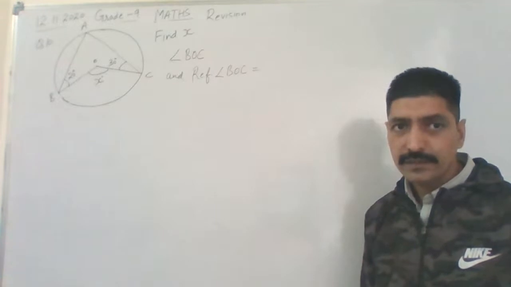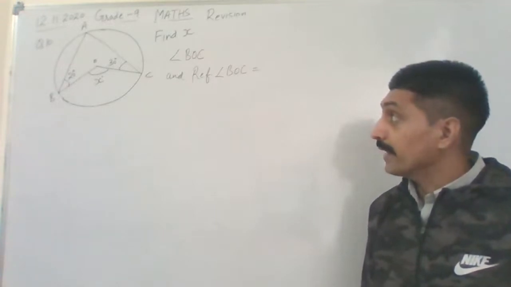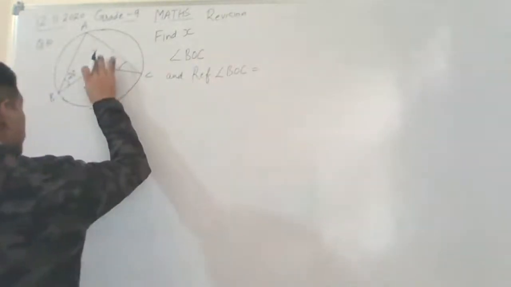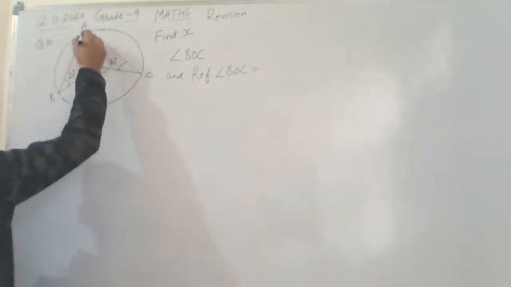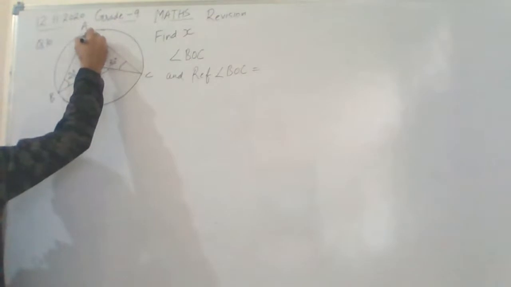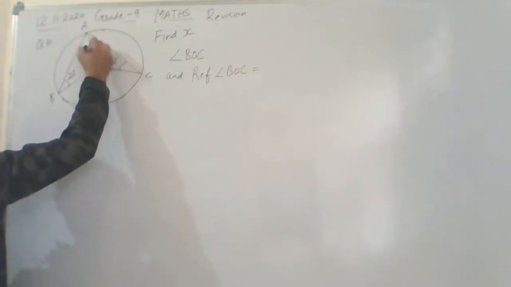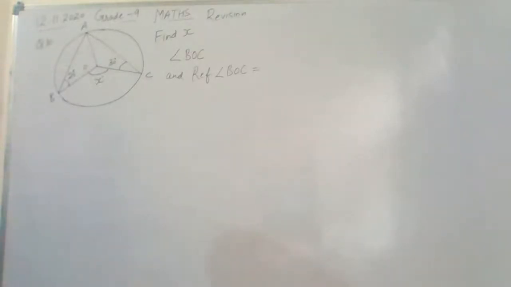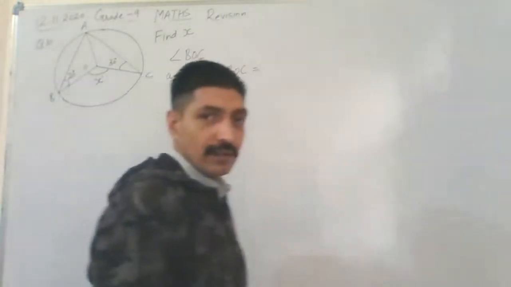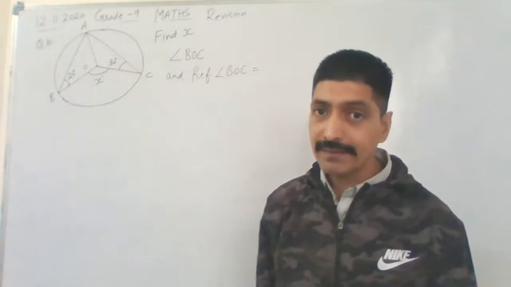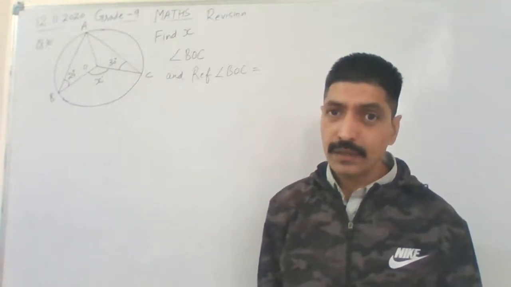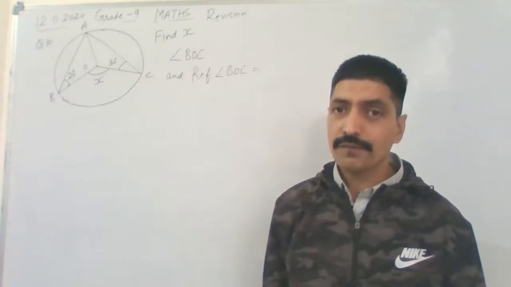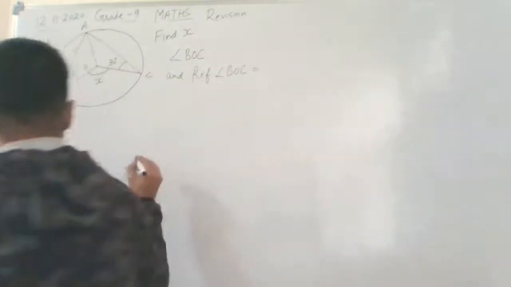So here we know that by construction, if I am joining O with A, what will I get? I will get OA, OB, OC as the radii of the circle.